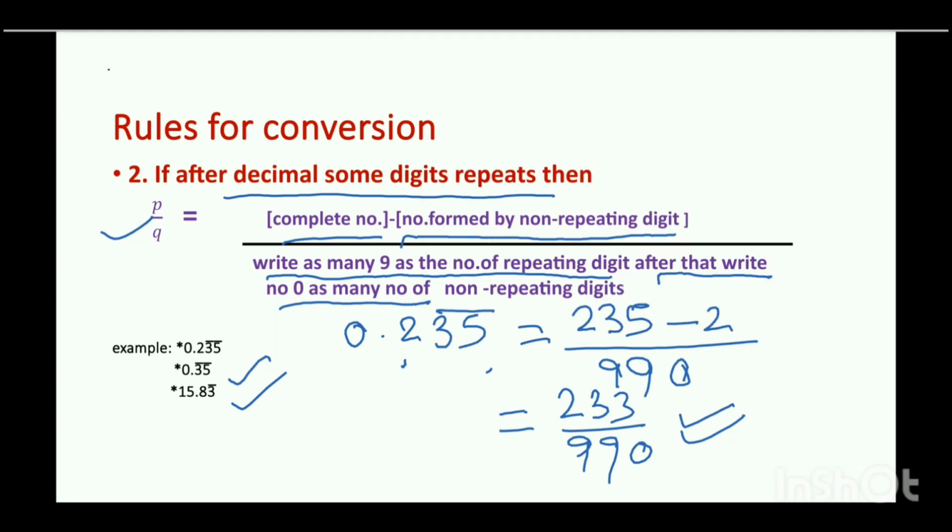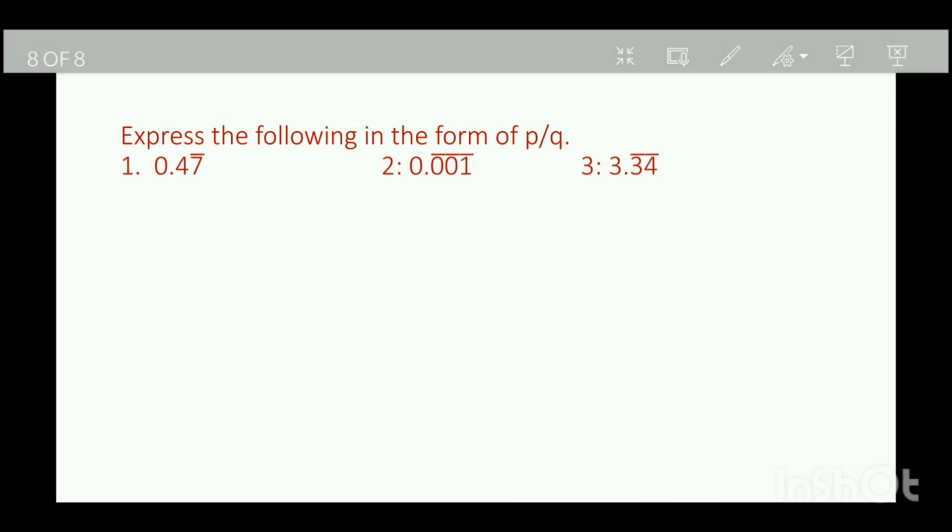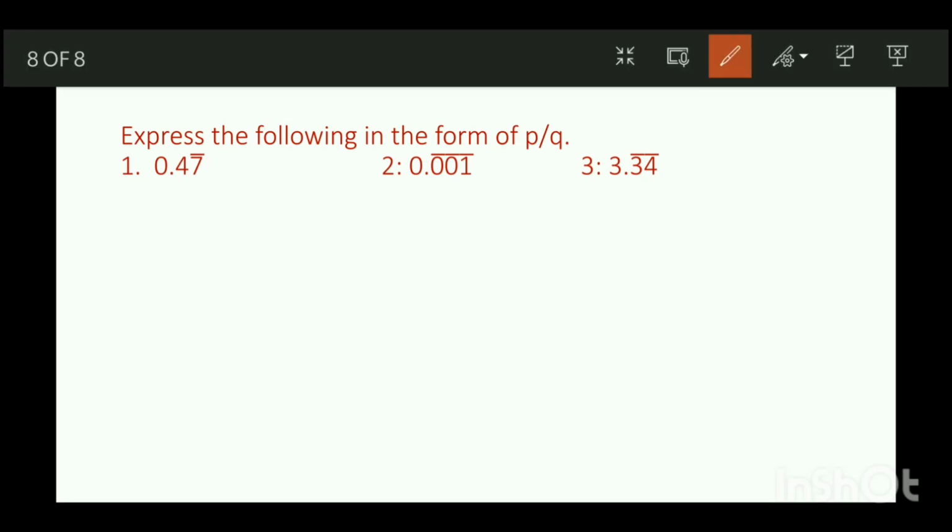Moving to the next, we have some more examples. First, pause the video and solve by yourself using the method and also the formula. Then look at my answers. Okay, so question number 1, 0.47 bar. So we will use formula number 2 here, where not all digits are repeating. 4 is not repeating and 7 is repeating. So first we write the complete number.